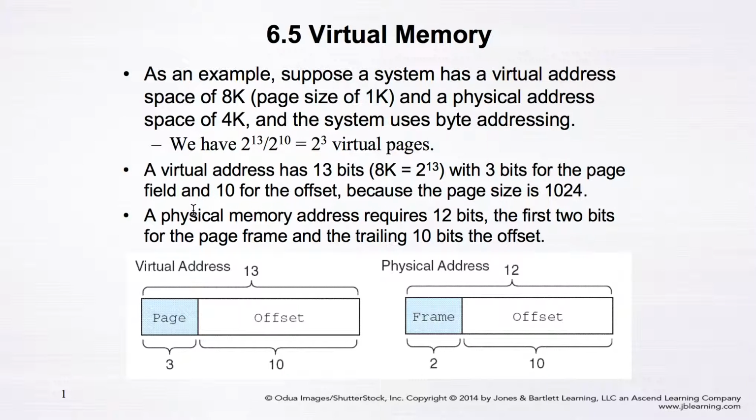Also, a physical memory address requires 12 bits because that's equal to 4 kilobytes, and the first 2 bits are for the page frame, and the remaining 10 bits are for the offset within one page frame.